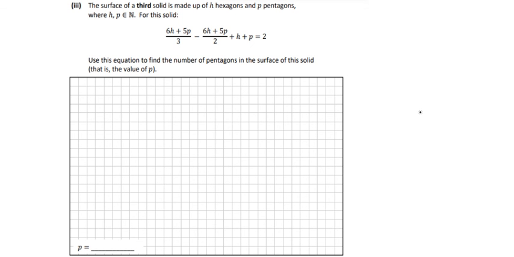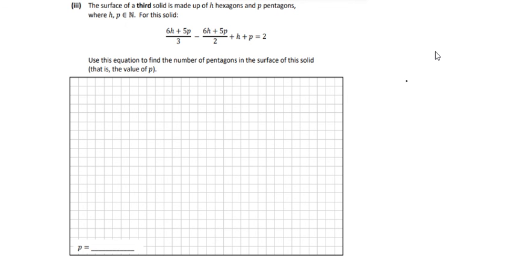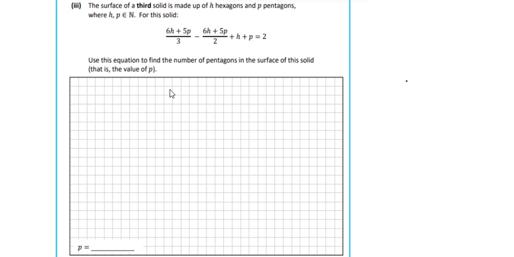One way you can do it is you can start subbing in numbers in for H and in for P. P has to be a kind of a multiple of 5, and H has to be a multiple of 6, because there's 6 sides in a hexagon.